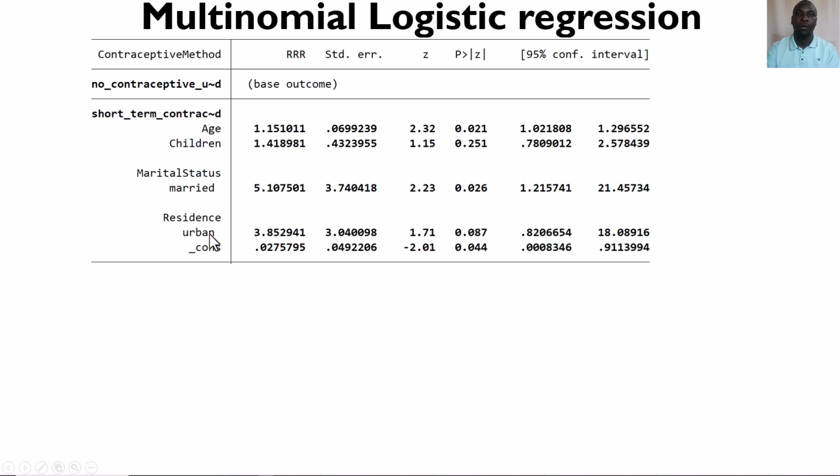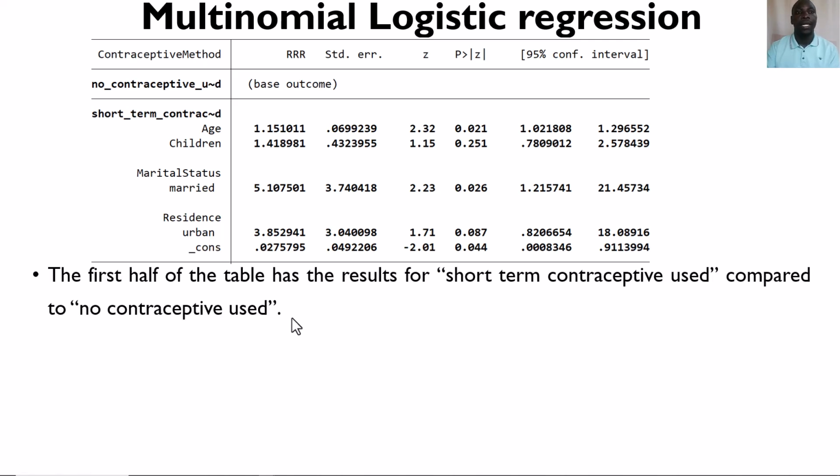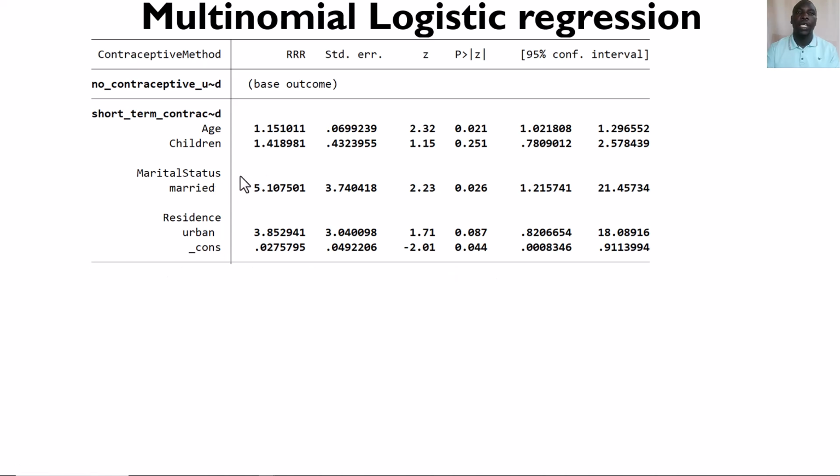and the categorical variables. So let us start with interpreting the categorical variables first. During interpretation, we have to first understand that we are going to have two comparisons. There is a comparison of one level of outcome compared to the other, and then there is a comparison of one level of independent variable compared to the other.